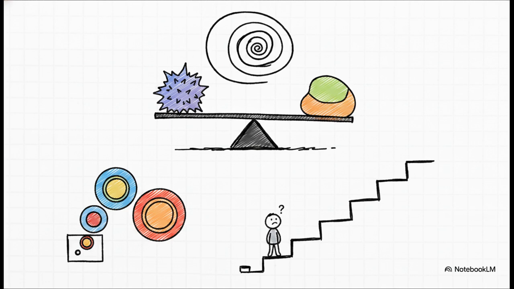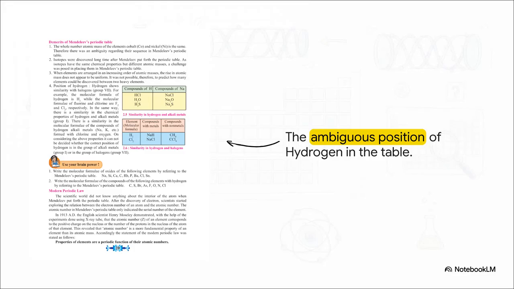Second, when isotopes were discovered, which, if you recall, are atoms of the same element with the same chemical properties but different atomic masses, they posed a huge placement challenge. Where on Earth do you put them? Third, the rise in atomic mass from one element to the next is not uniform. Because it's not a steady, predictable jump, it became impossible to predict exactly how many elements could be discovered between two heavy elements. And then, of course, there was the fourth demerit, hydrogen.